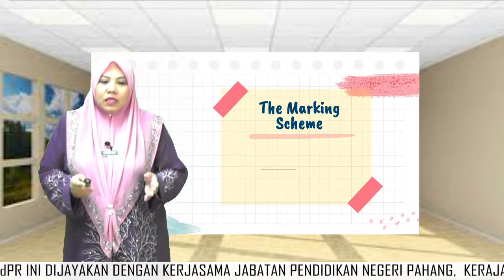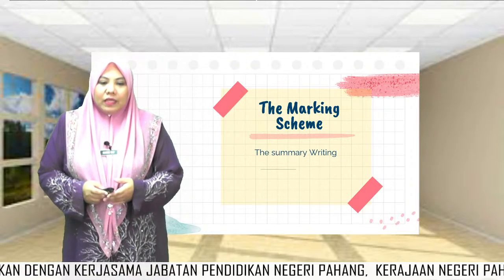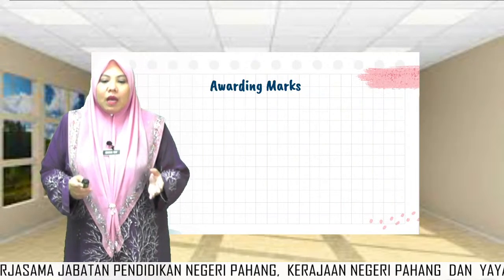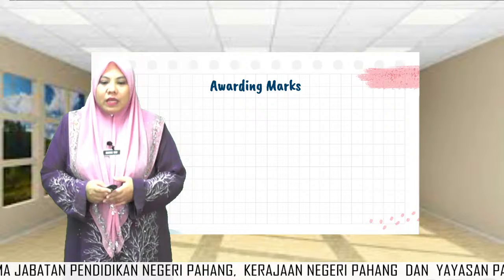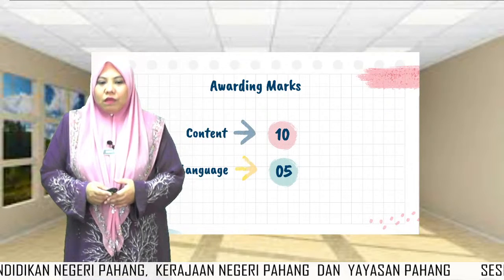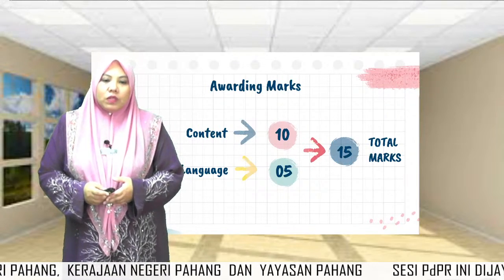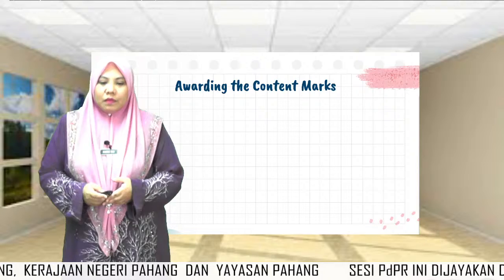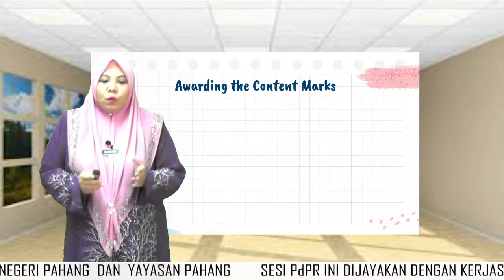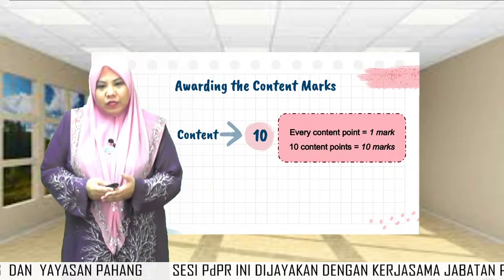Now, let's look at the marking scheme for this question. Summary writing is worth 15 marks. Marks will be given for content points, 10 marks, and language, 5 marks, making it a total of 15 marks altogether. For every content point mentioned, 1 mark will be awarded, which totals to a maximum of 10 points.